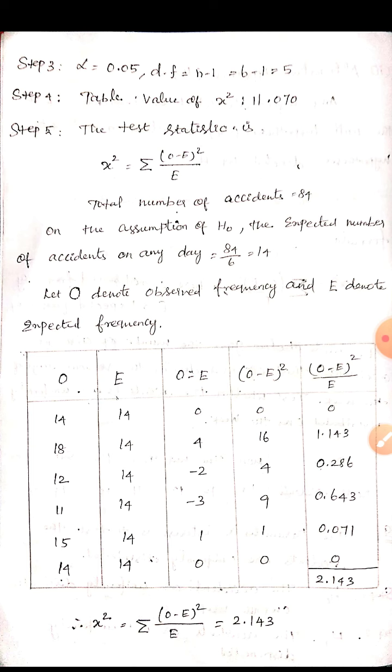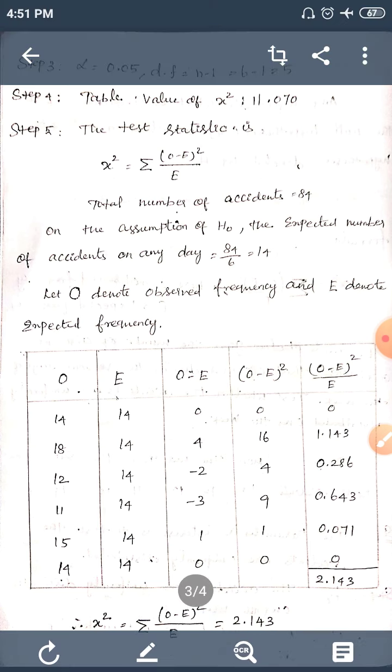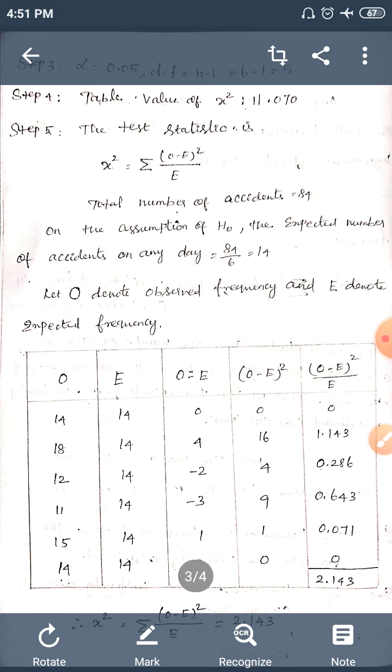The fifth is (O minus E) whole square divided by the expected frequency. Then add all the values and substitute into the formula: chi square equals summation of (O minus E) whole square divided by E. The total is 2.143. This is the calculated value of chi square.